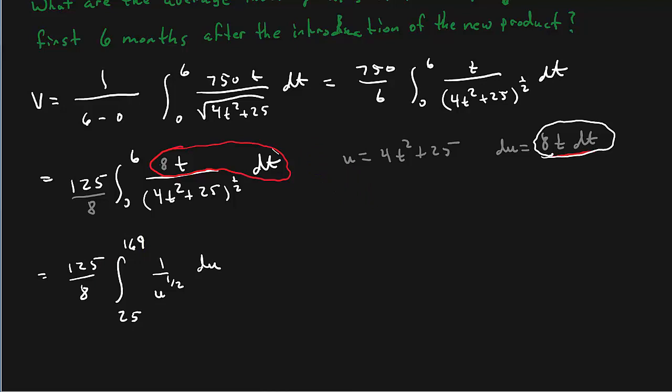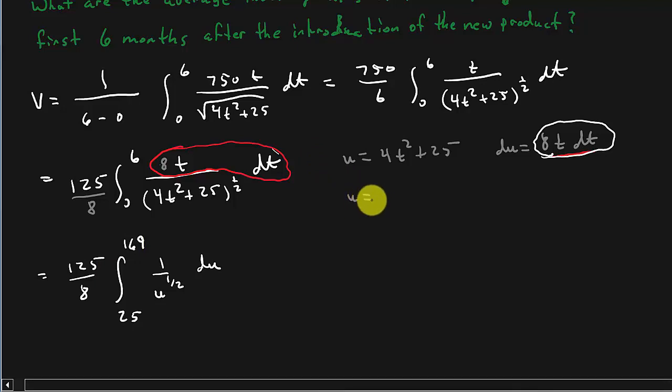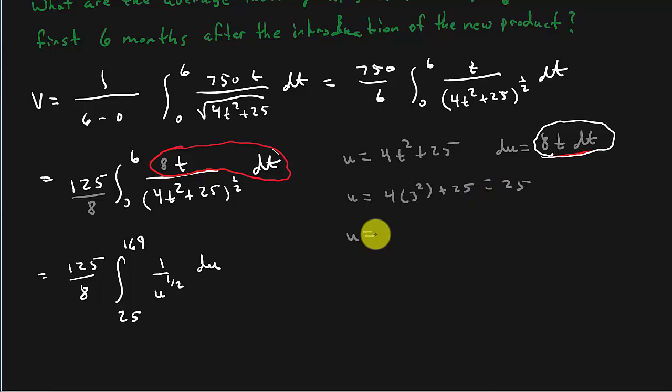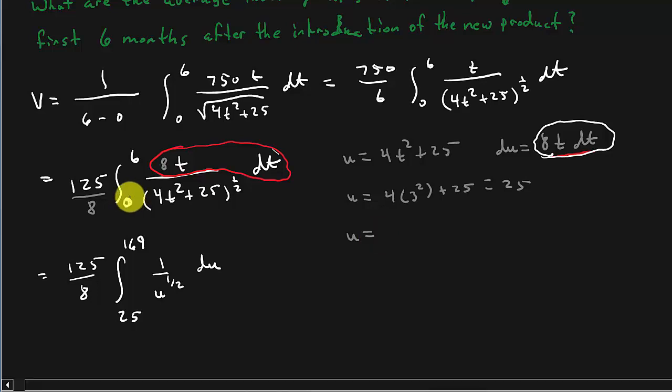So u is equal to 4 times 0 squared plus 25. I'm sorry, I was looking at that thinking it was a 3, but it's a 0.